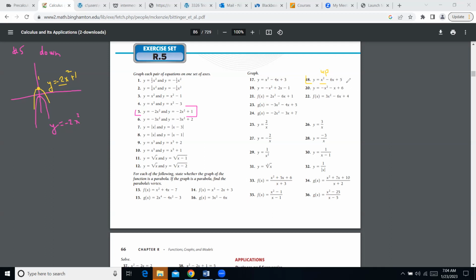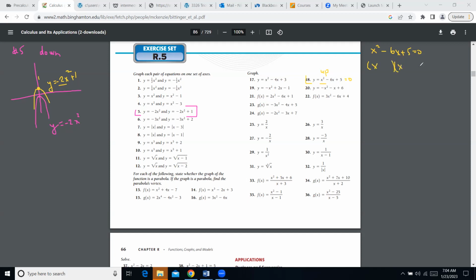And I believe I asked you to find the intersections with the x-axis, right? So it was x squared minus 6x plus 5 that we're supposed to factor. Once you factor this, set the factors equal to 0.